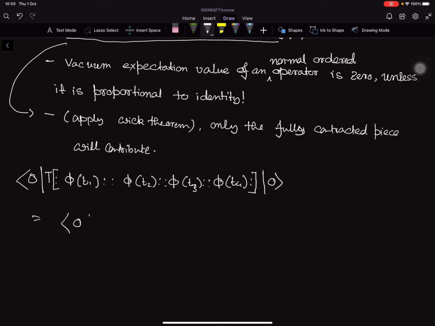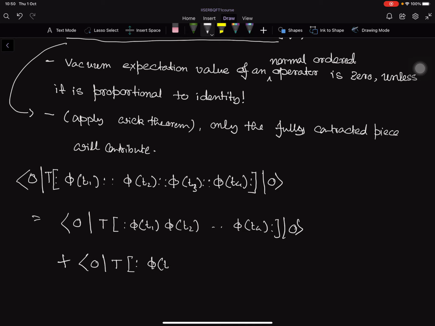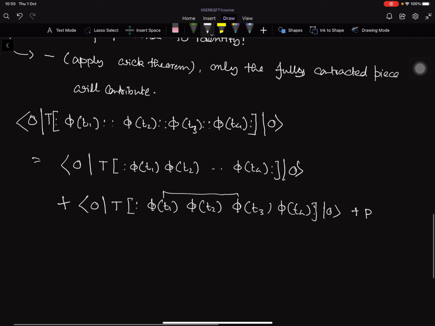Then by Wick's theorem, this is the same as the normally ordered term, plus single contractions, something like this, plus other permutations, plus double contractions.